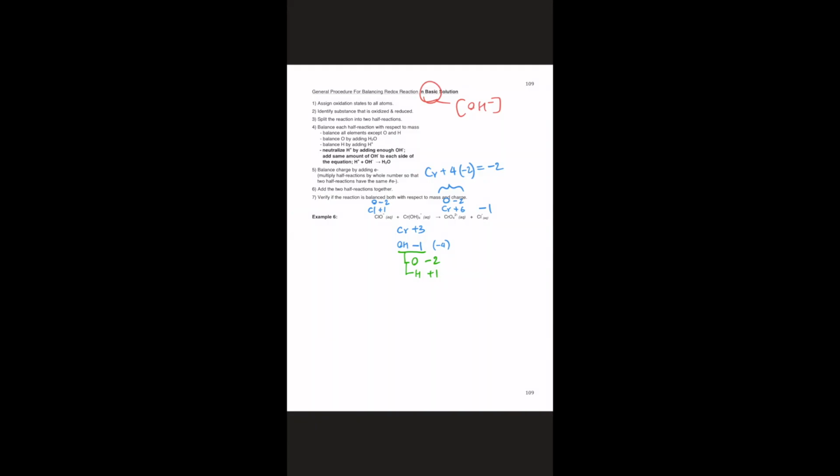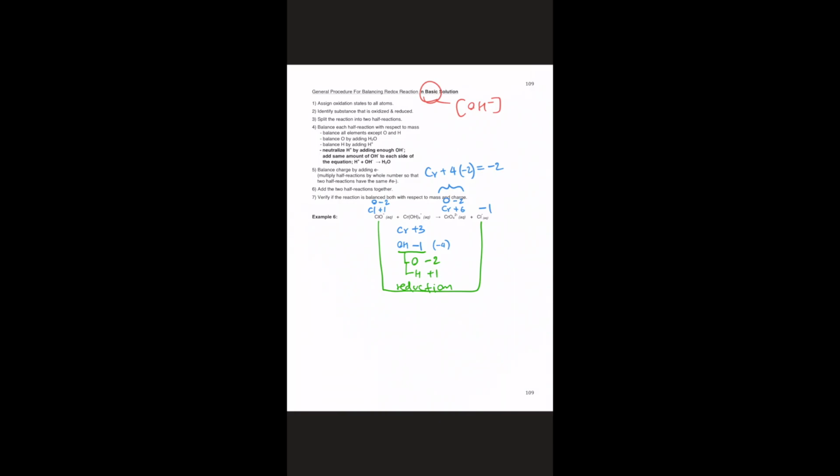What we can see is that it's the chlorine that changed oxidation number, and also chromium as well. Chlorine going from +1 to -1 indicates that the chlorine is undergoing reduction, because it is gaining electrons and becoming a lower oxidation number.